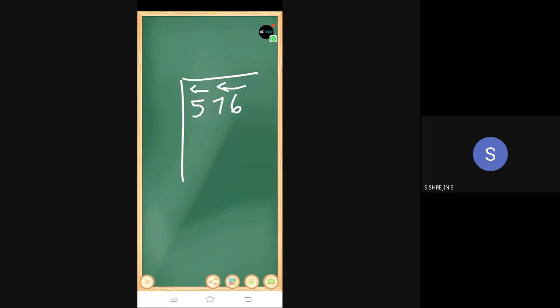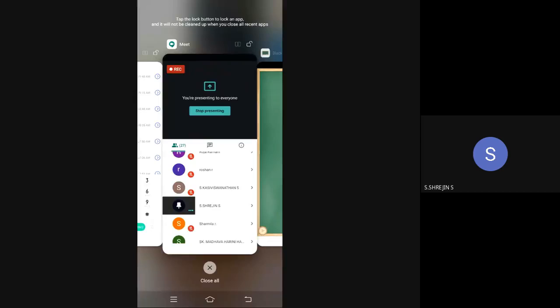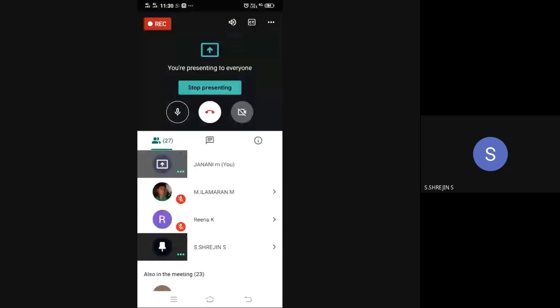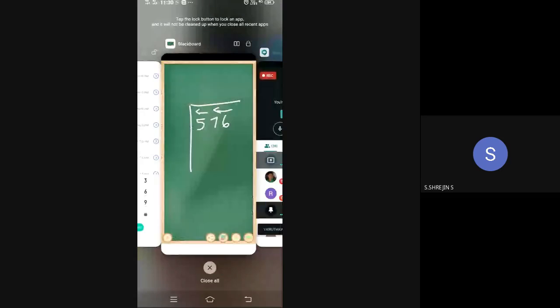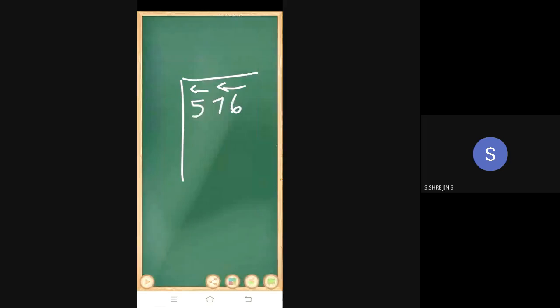Now, 5 is not a square number. Lesser than 5, which is a square number?